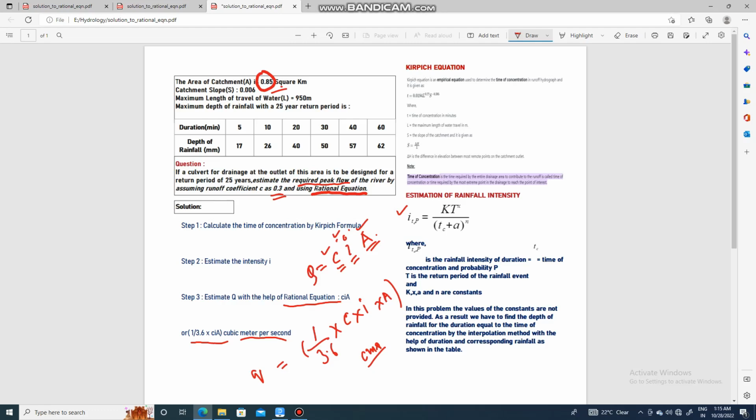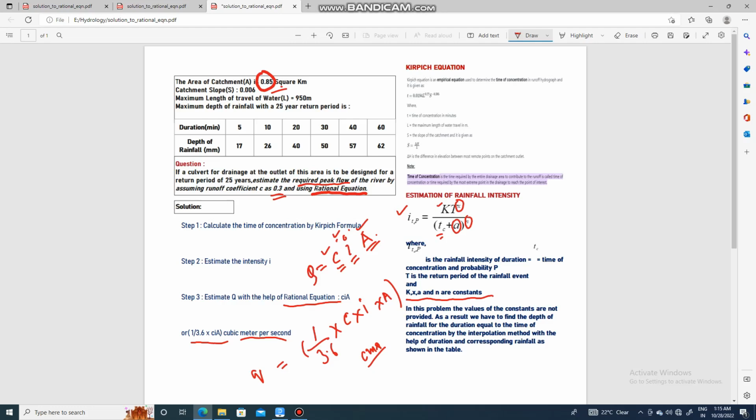k T to the power x over (tc plus a) to the power n, where k, x, a and n are all constants, and tc is the time of concentration.